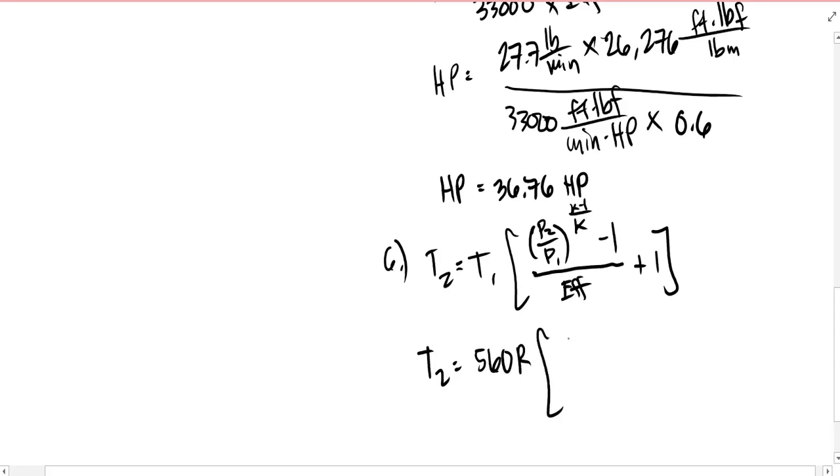So itong P2 over P1, solve natin ito, 2.25 raised to 1.39 minus 1 all over 1.39 minus 1 over 0.6 plus 1.